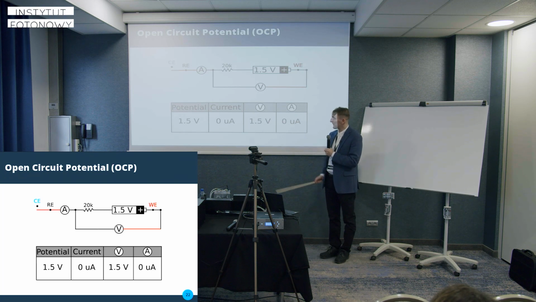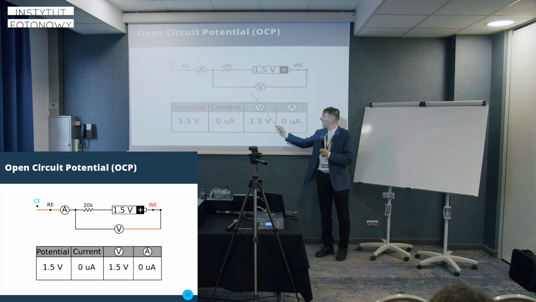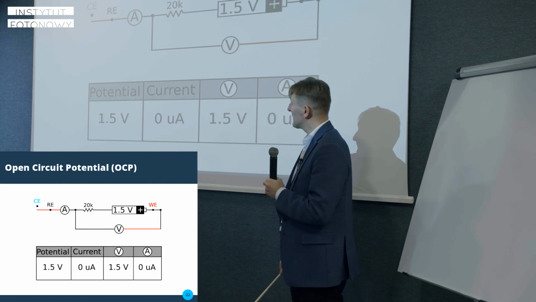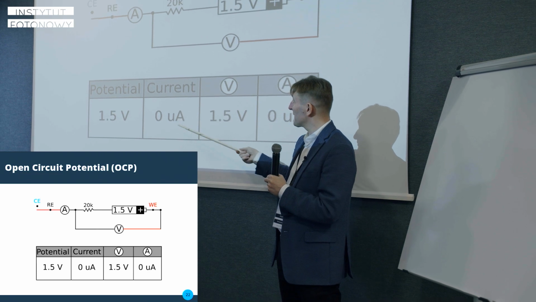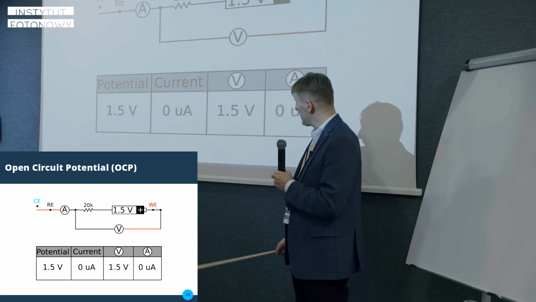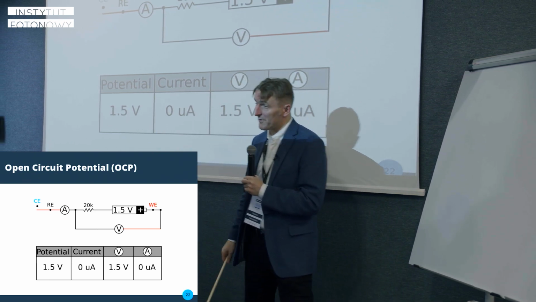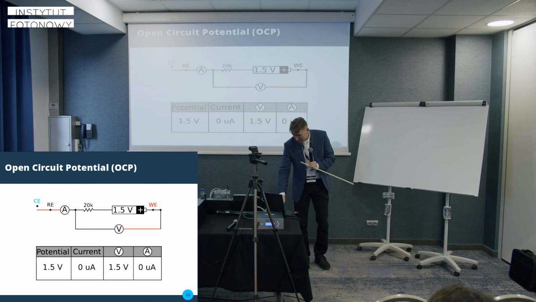So in that case, everything agrees here. The current on an external meter agrees. I mean, it doesn't make sense because the circuit is open, but still, those two values will agree. And the voltages also agree. We are measuring this voltage.